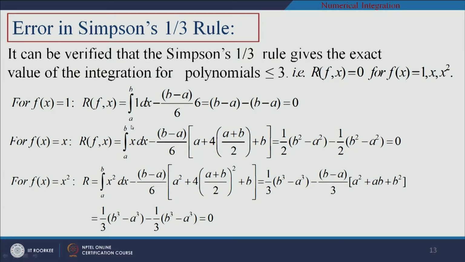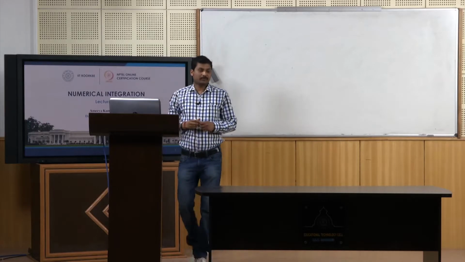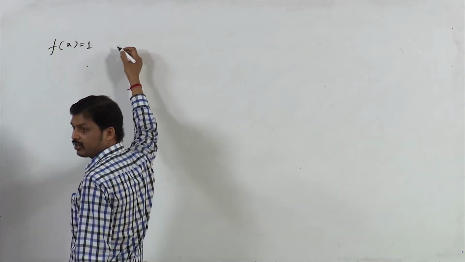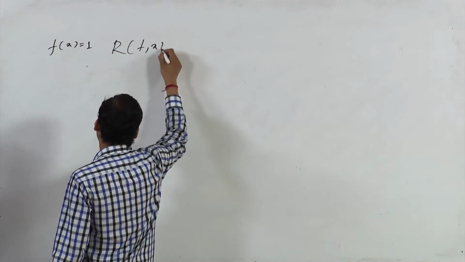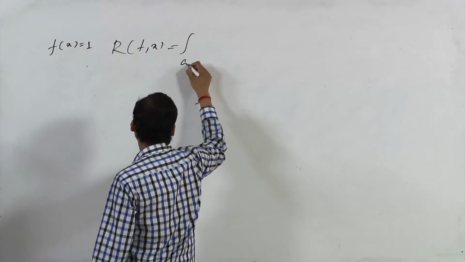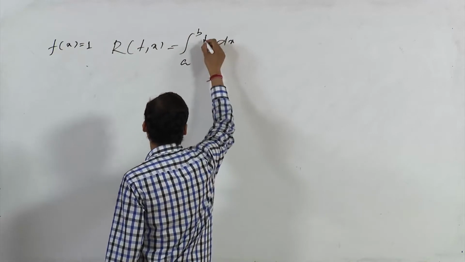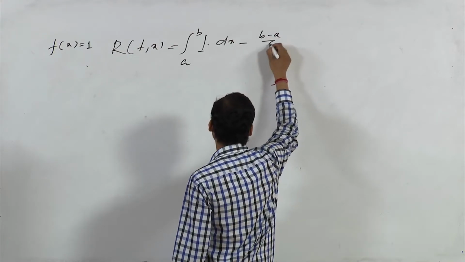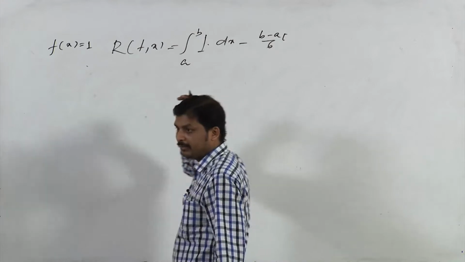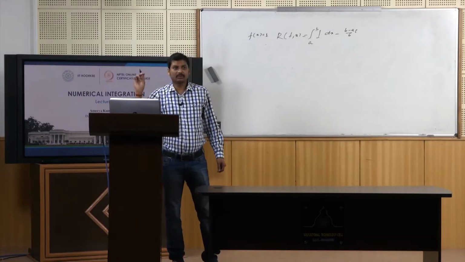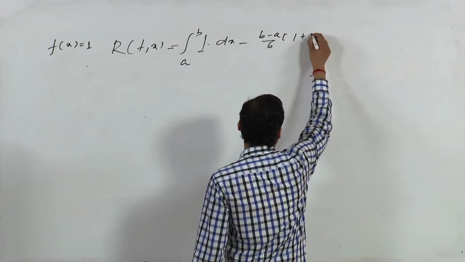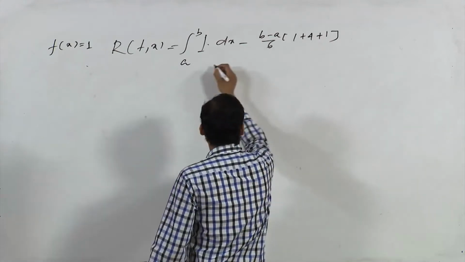For f of x equals 1, the error term r of f of x can be written as the integral from a to b of 1 dx minus our formula, b minus a by 6 times f of a plus 4 f of (a plus b) by 2 plus f of b. Then 1 plus 4 plus 1 will give you 0 value.